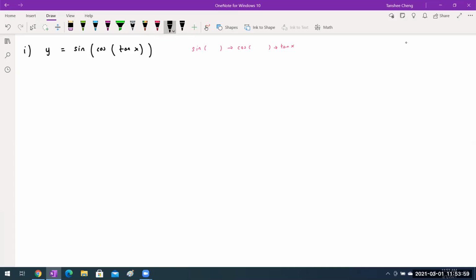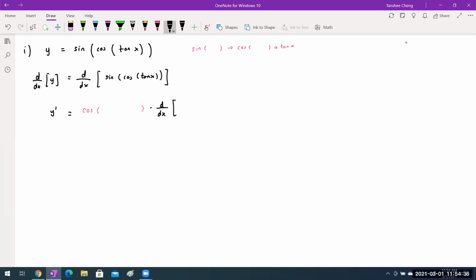So when I take the derivative with respect to x of y, that's taking the derivative with respect to x of this composition function, sine, cosine, tangent of x. So taking the derivative of the most outer function, the derivative of sine is cosine of the inner functions, times the derivative of the next inner function.